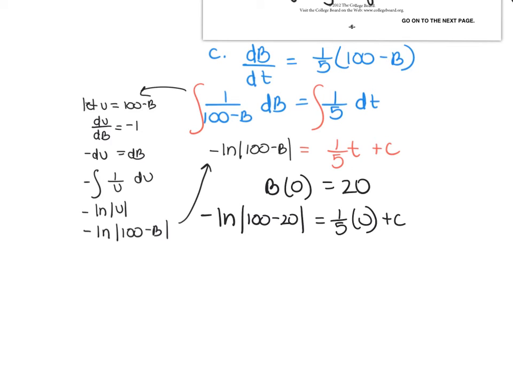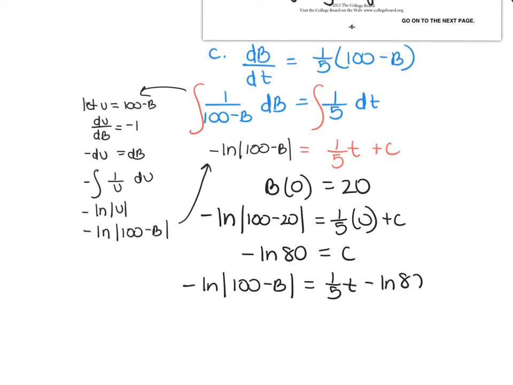So we can throw that in there and we get the negative natural log of 80 equals C. So there's our constant. And if we go back through and plug that in, I'm going to divide by a negative.